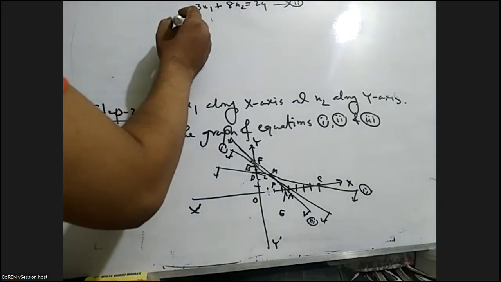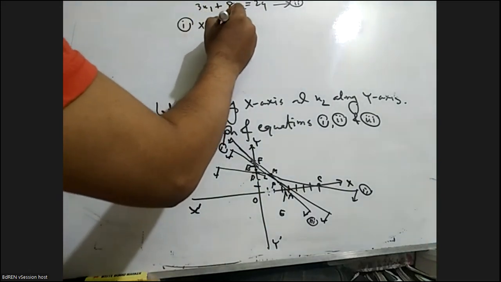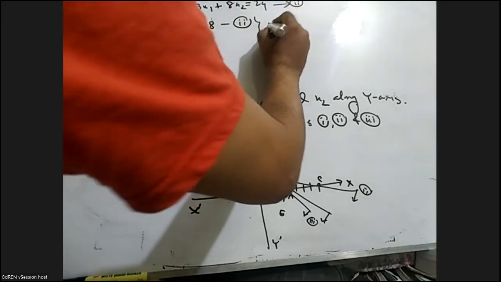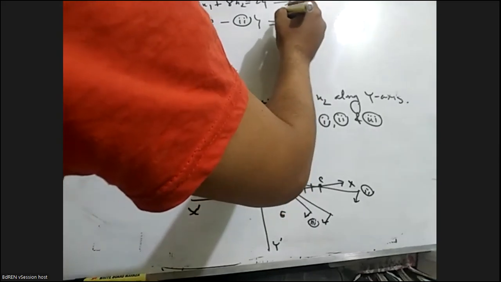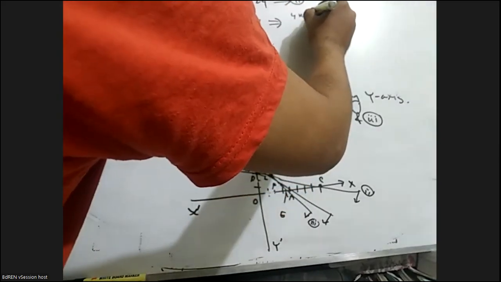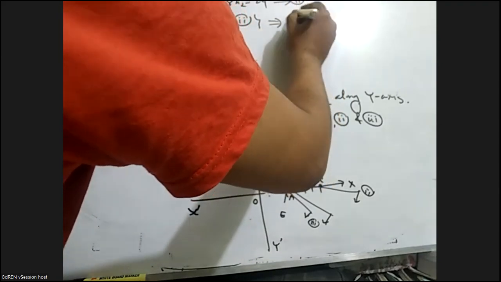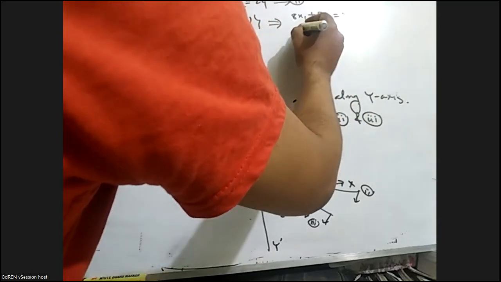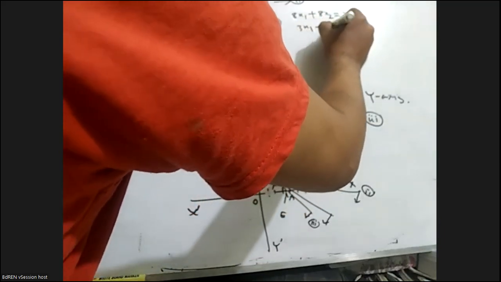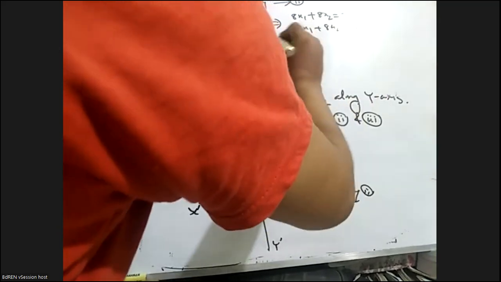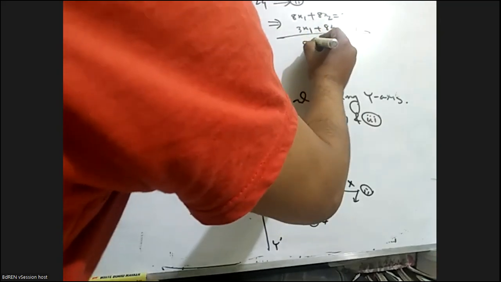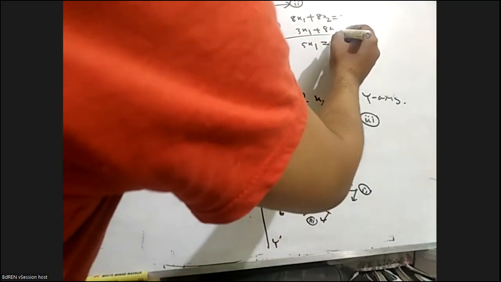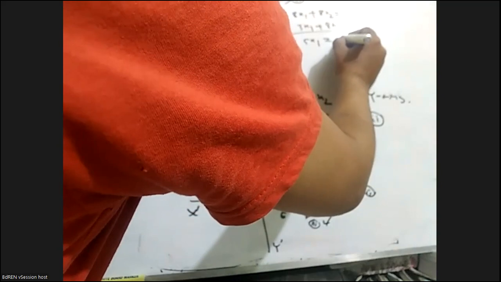Now multiplying equation 1 by 3, or 8, then subtracting equation 2. How can we get 8x1 plus 8x2 equals 32, then 3x1 plus 8x2 equals 24. Subtracting, we get 5x1 equals 8.